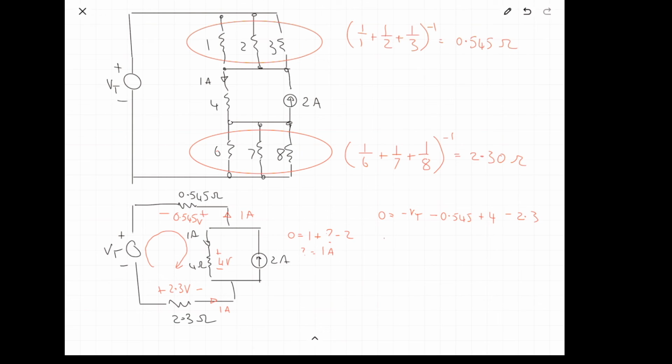And if we do some algebra, our answer is 1.16 volts, and it's a positive number.